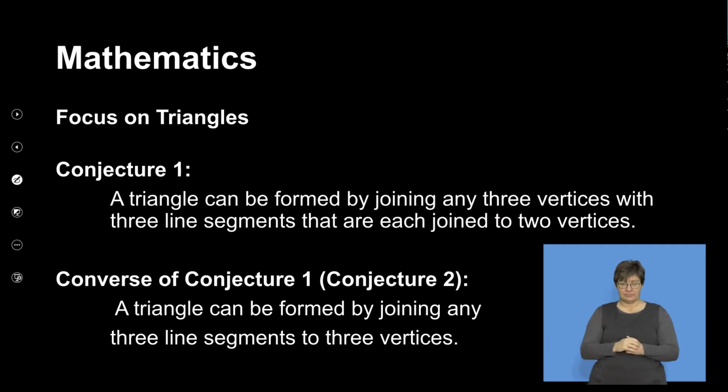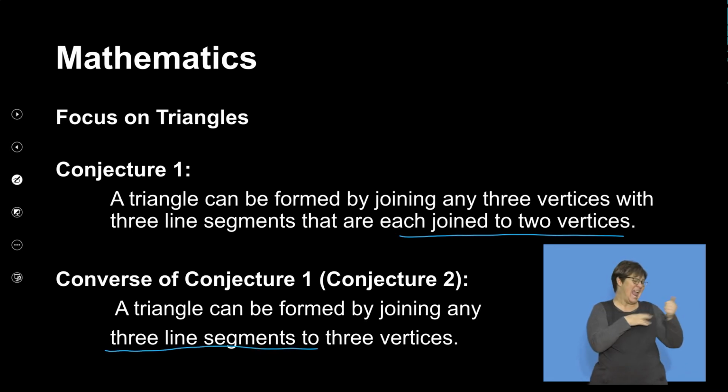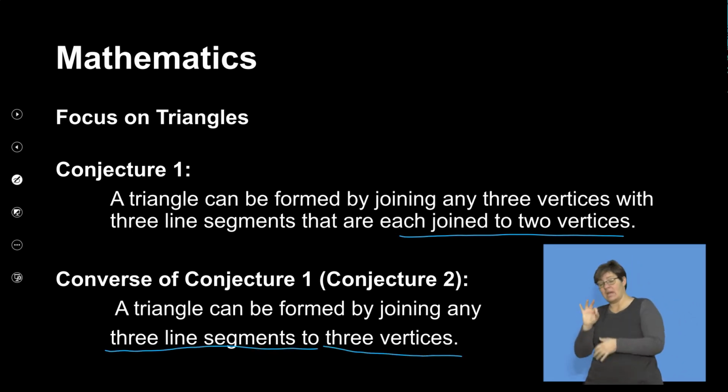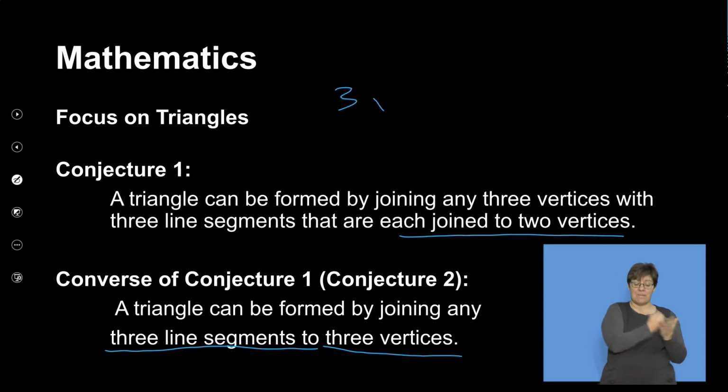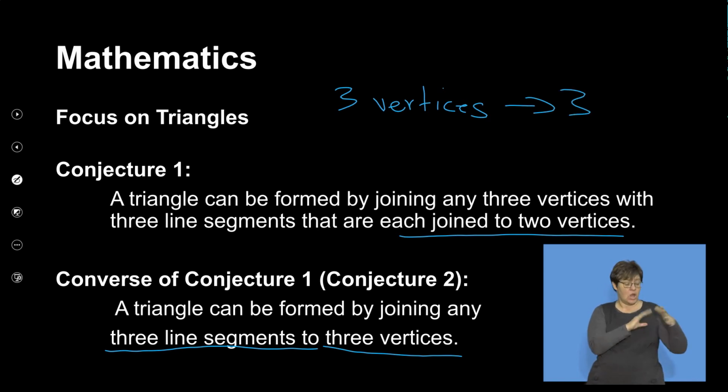Now, what do we need to look at here? We said a triangle can be formed by joining any three vertices with three line segments that are each joined to two vertices. The converse of this will be a triangle can now be formed by joining any three line segments to three vertices. Let's look at this. We said our conjecture was we must have three vertices, and if we join them with three line segments, I will just say lines in this instance, then this will give me a triangle.